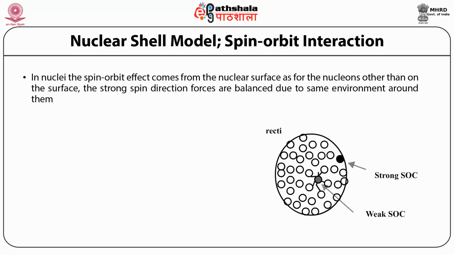For nucleons other than those on the surface, the strong spin-dependent forces are balanced due to the same environment around them. What does that mean? In the picture shown here, the inner nucleons find themselves in an identical environment of nucleons around them, but the nucleons on the surface find many surrounding nucleons from inside but nothing from outside.